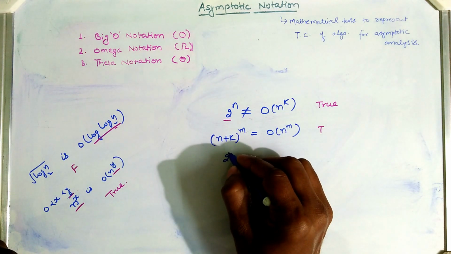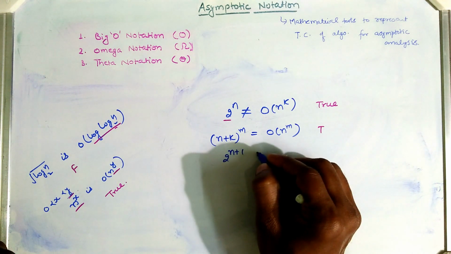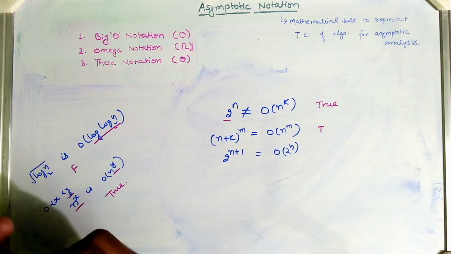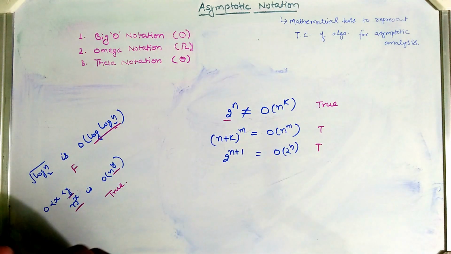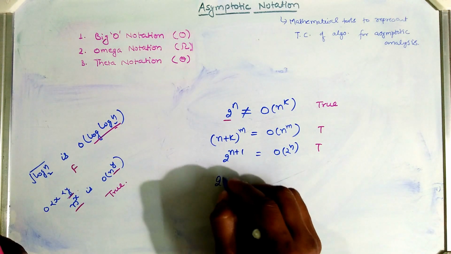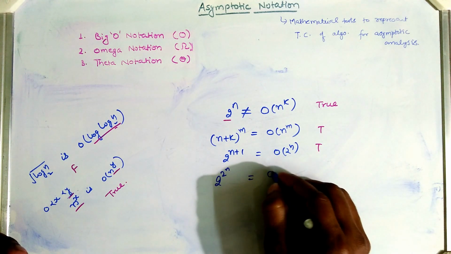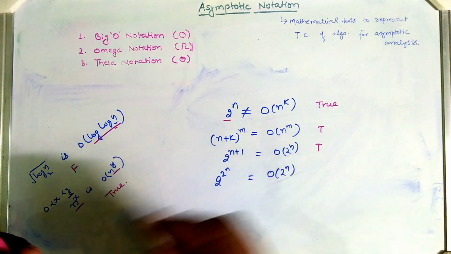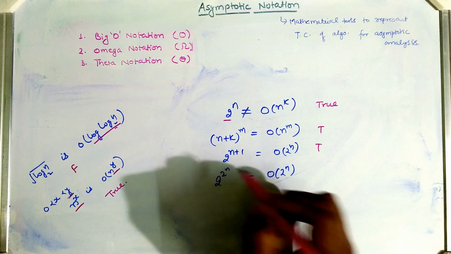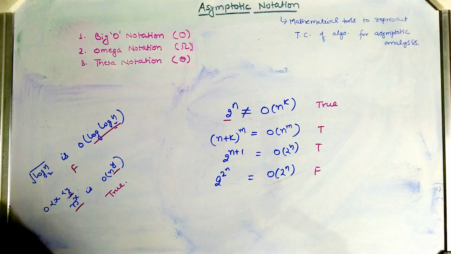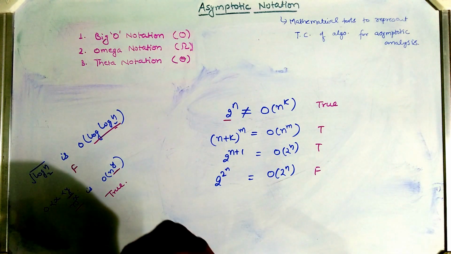If I say that 2 to the power n plus 1 is order of 2 to the power n, yes, if I ignore the constant, it is true. If I say 2 to the power 2n is order of 2 to the power n, now it is no longer a constant here, so this would be false.